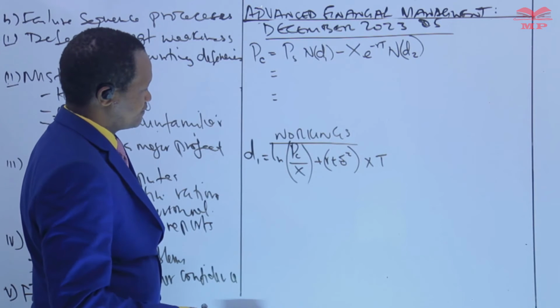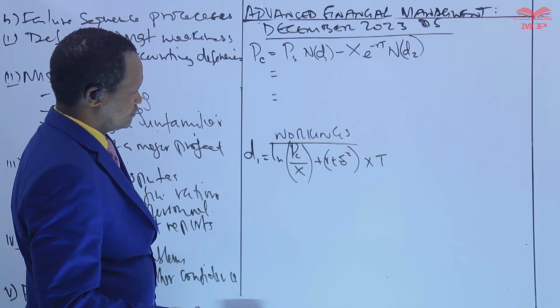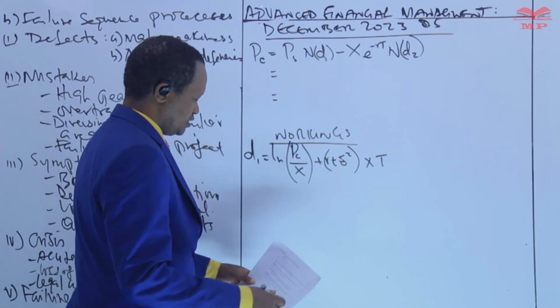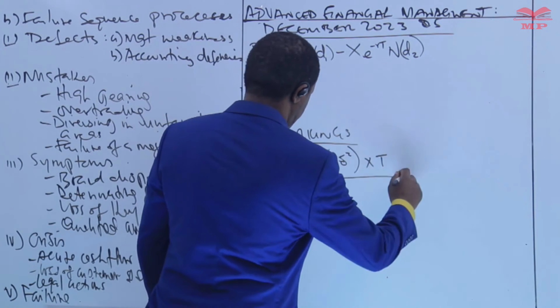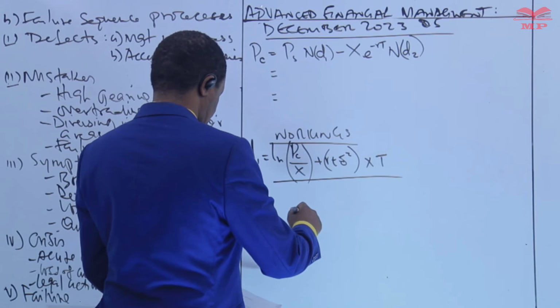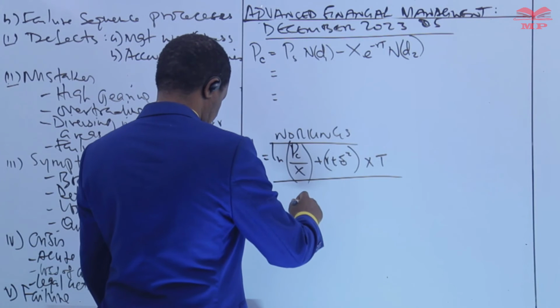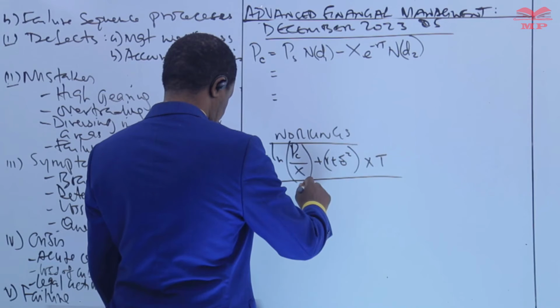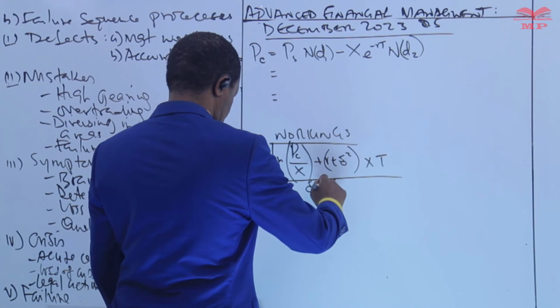We divide all these by standard deviation times square root of T.